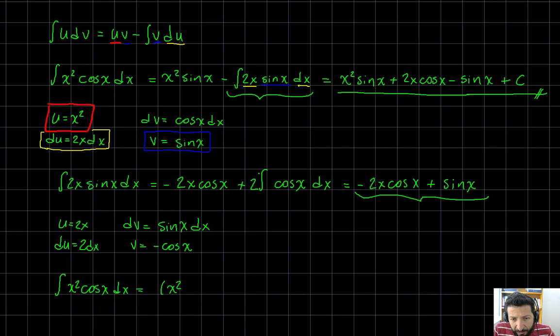Oh goodness, I just realized these two right here disappeared. I was hungry. Sorry about that. So minus 2. Thankfully, I went ahead and factored it because I noticed the mistake right there. And then plus 2x cosine x. And then plus c. Perfect. And that would be our answer.